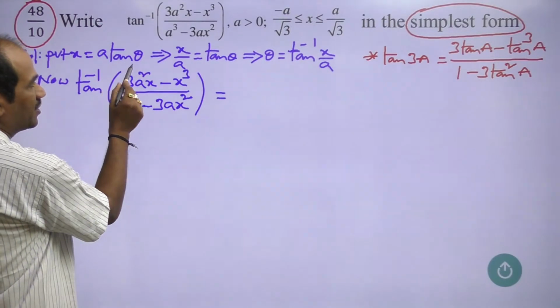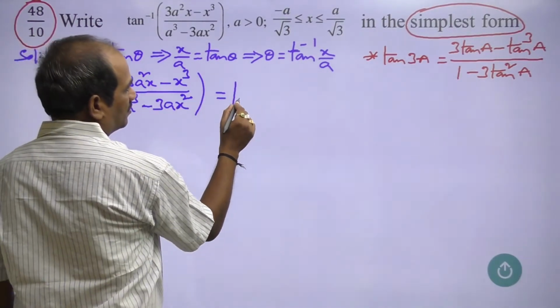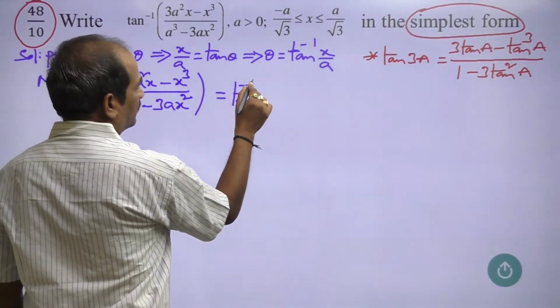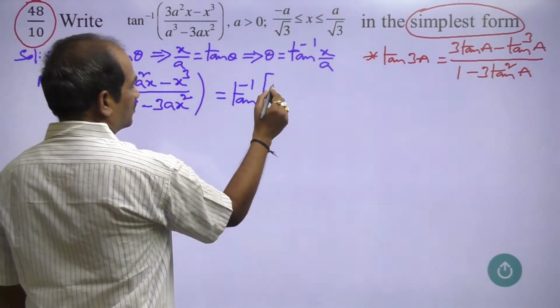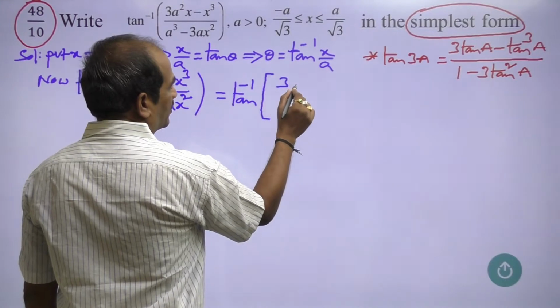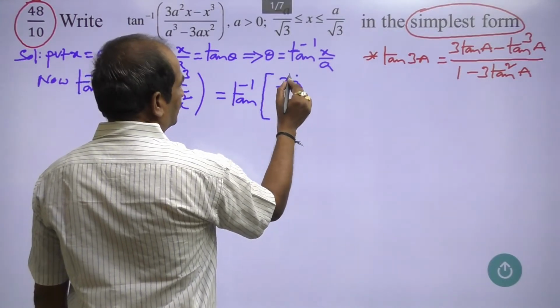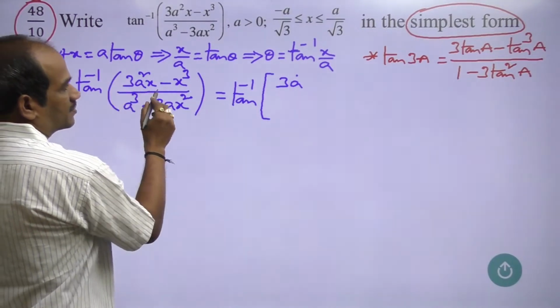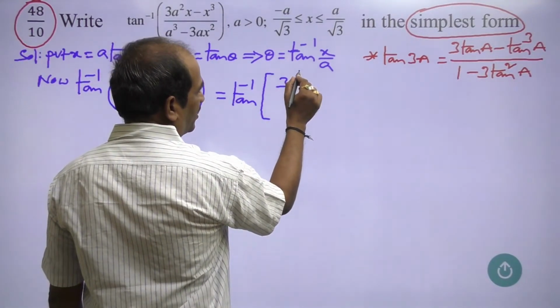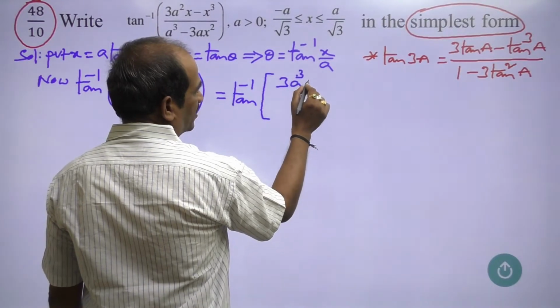Replace x by a tan theta. So 3a square x is equal to 3 into a into a square, a cube, tan theta.